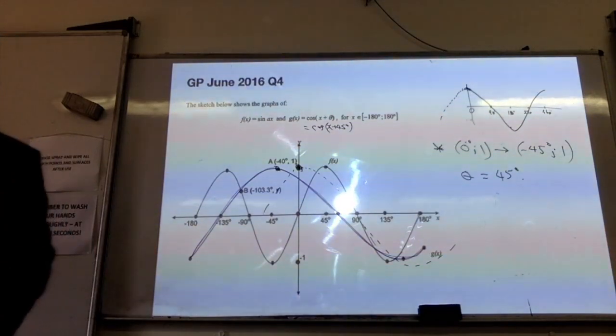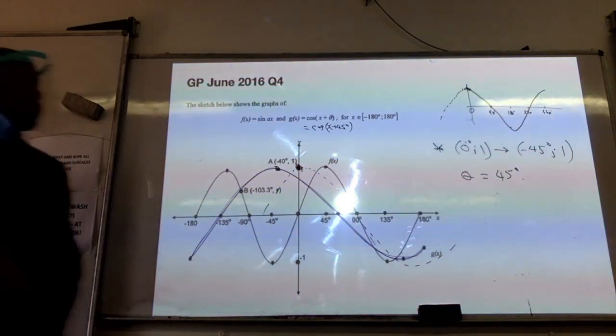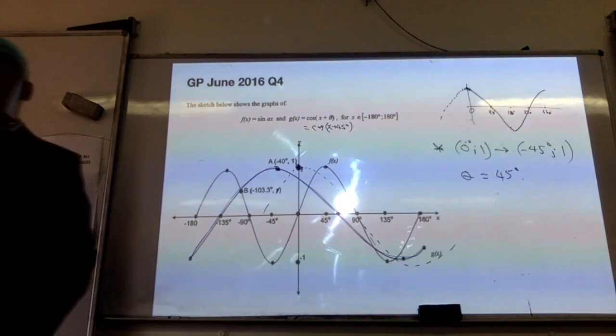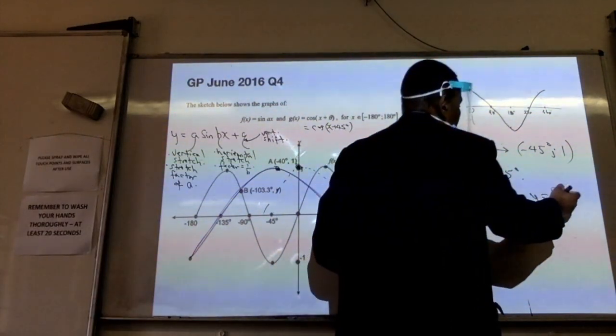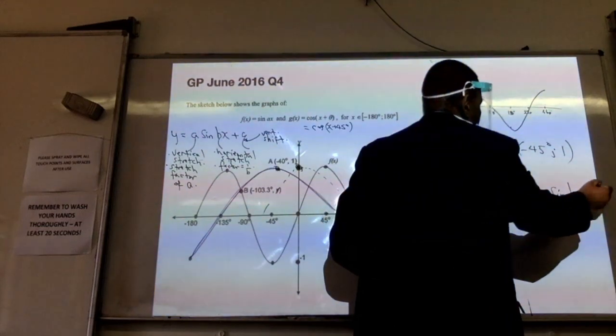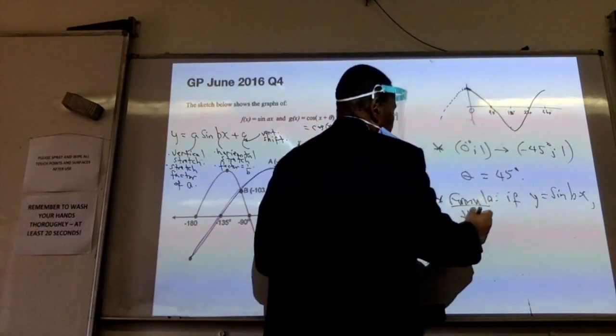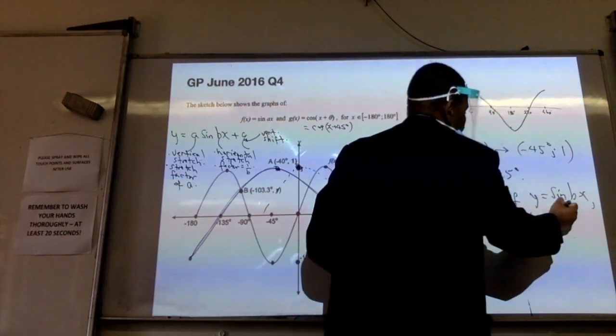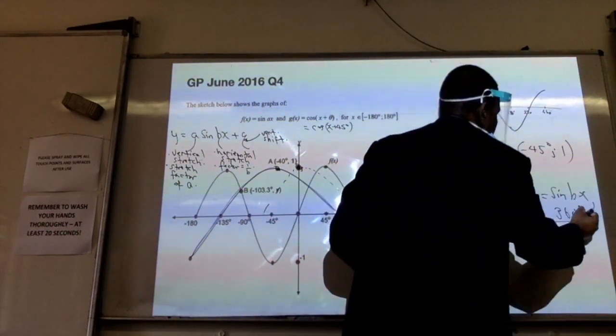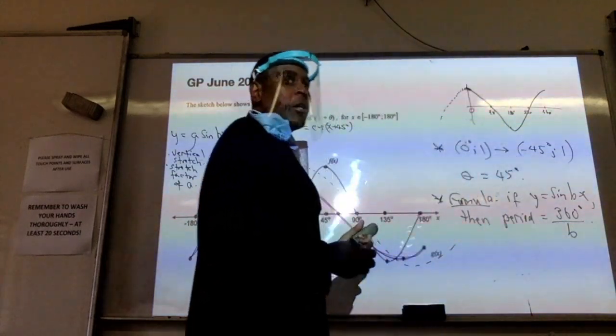Somebody please explain how we find A. We obviously should use the graph of f. If y is equal to sine of bx, then the period is given by this formula 360 degrees over b.